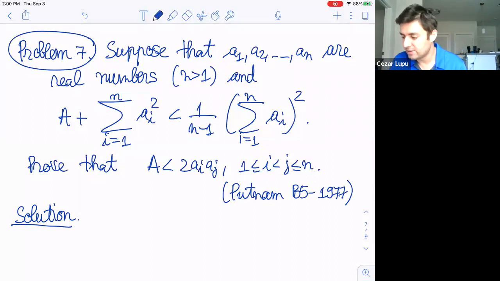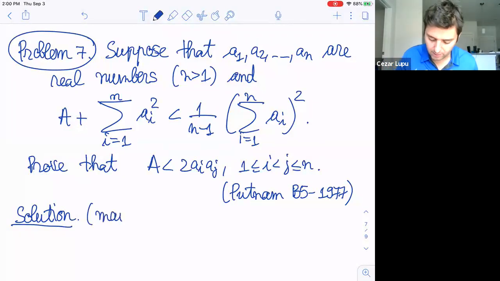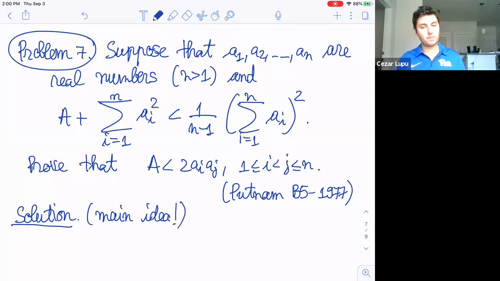But maybe a trick using Cauchy-Schwarz would work. Let me just give you the main idea, since I don't have much time left, and I'll leave it to you to complete the details. What I'm going to do is the following, and bear with me.